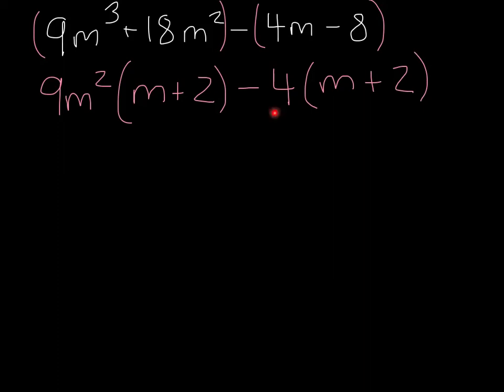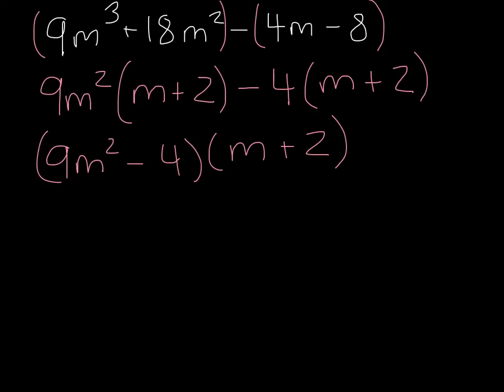Negative 4 times m gives us negative 4m. Negative 4 times positive 2 gives us the negative 8. So this is all set. So now we have m plus 2, m plus 2. So we can group our 9m squared together with our negative 4 and rewrite this as 9m squared minus 4 times m plus 2.